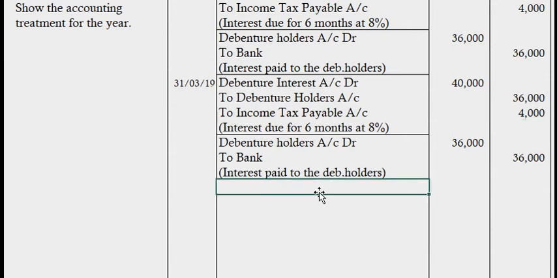So our case will be at the end of this year, that is 31st March 2019, sorry for the mistake, 31st March 2020.